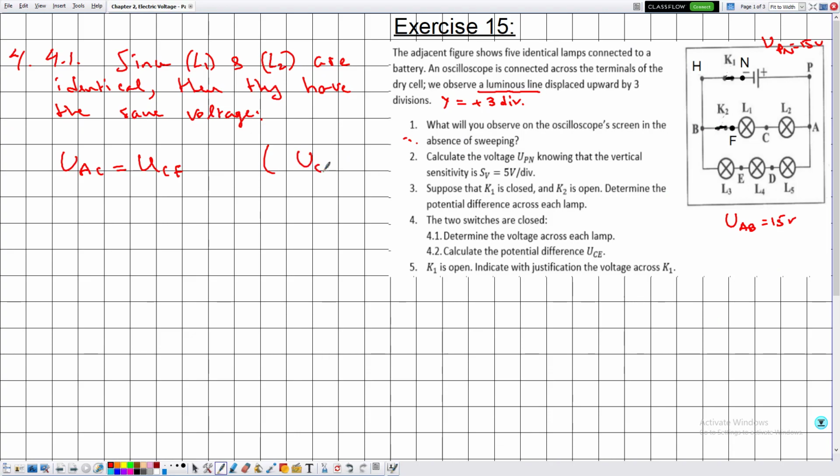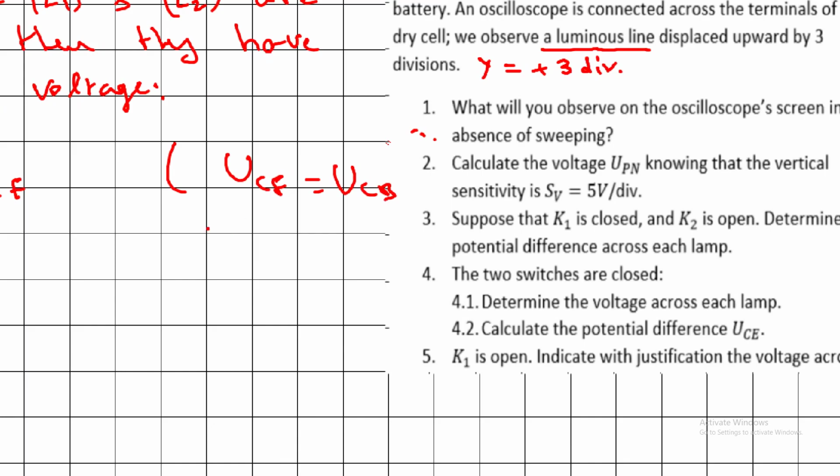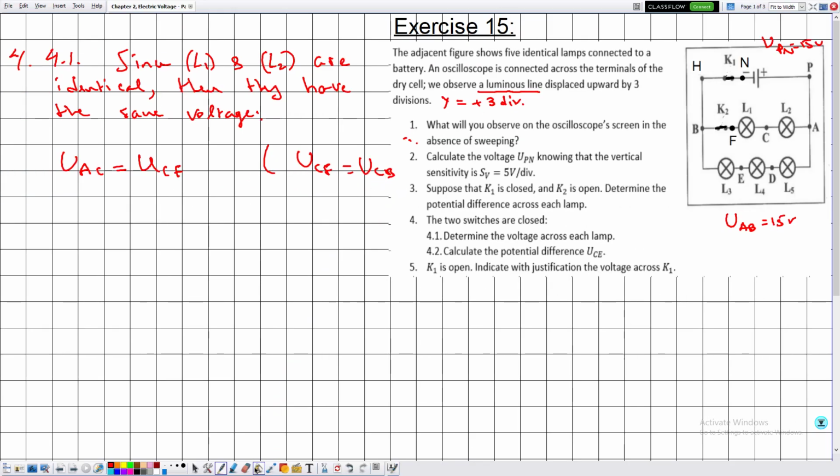So knowing that UCF is equal to UCB, simply because UCF is VC minus VF, or we can prove it in another way. Let me apply the law of addition of voltages.